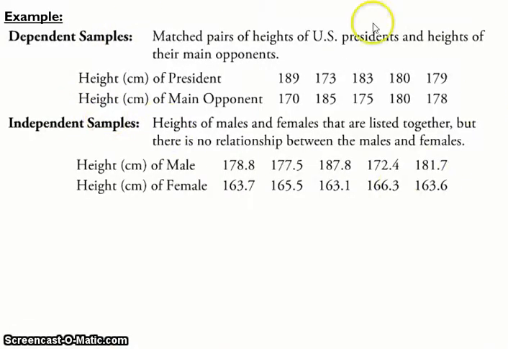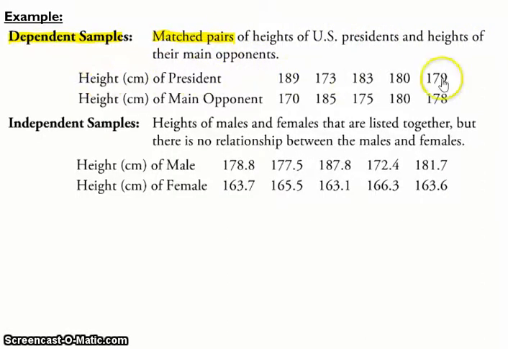Here's an example of two dependent samples and two independent samples. For the dependent sample, you must have matched pairs. In this example, we have matched pairs of heights of US presidents and heights of their main opponent.